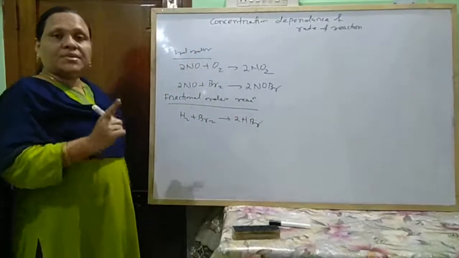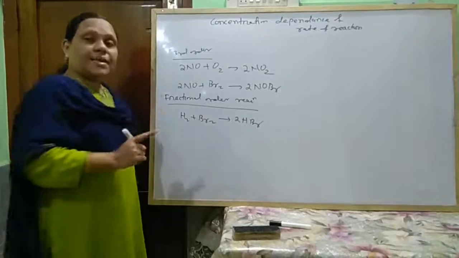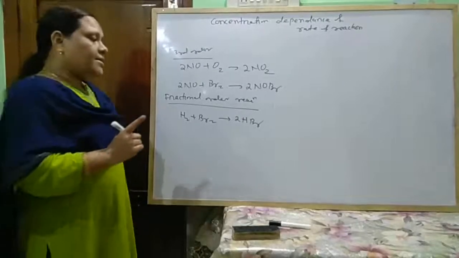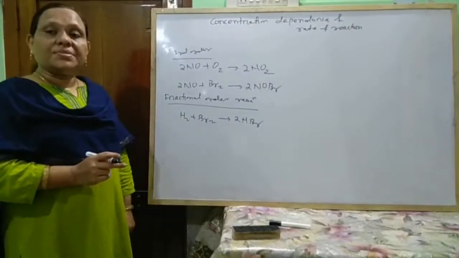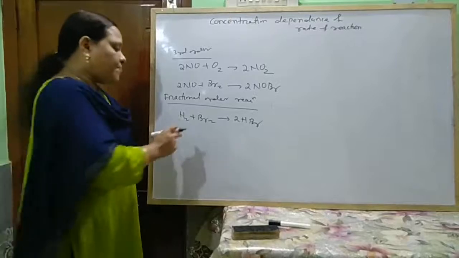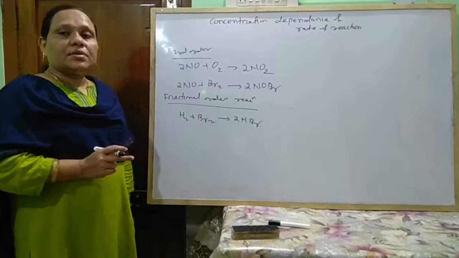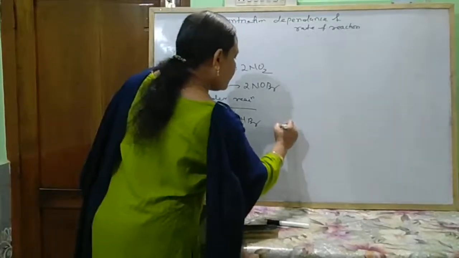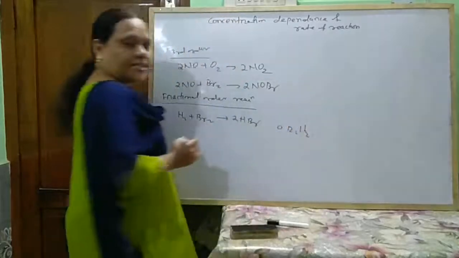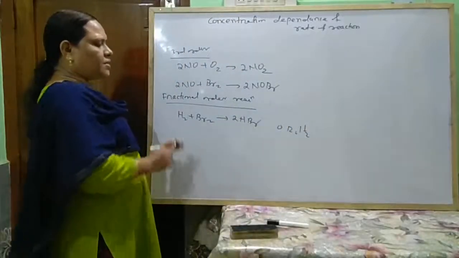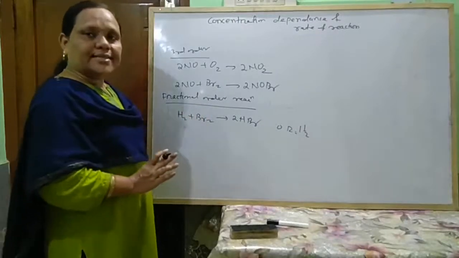You know H2 plus Cl2 in presence of sunlight, h nu, give rise to 2HCl, that is a zero order reaction, but H2 plus Br2 give rise to 2HBr is a fractional order reaction. Here the order of reaction is 3/2. This is on experimental basis. So H2 to the power 1 and Br2 to the power half, like this.